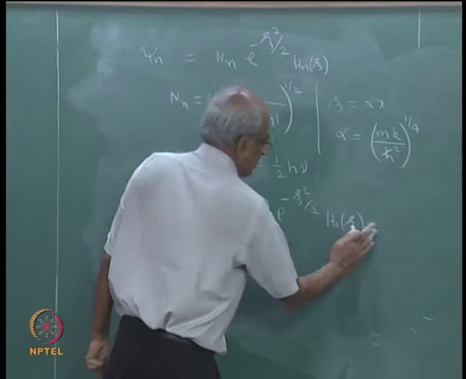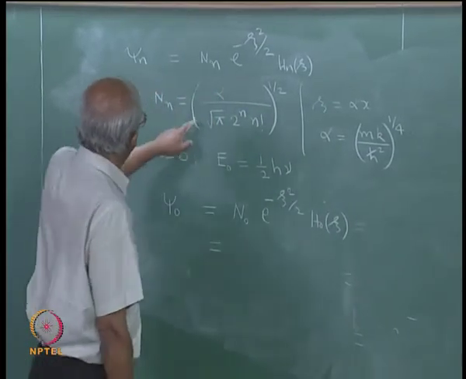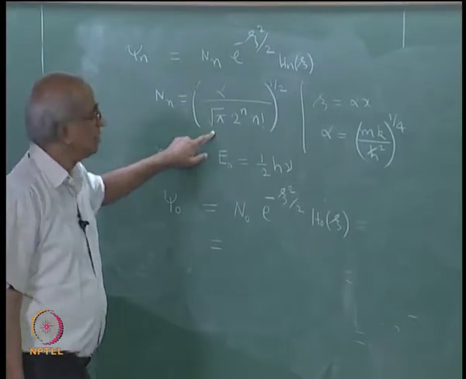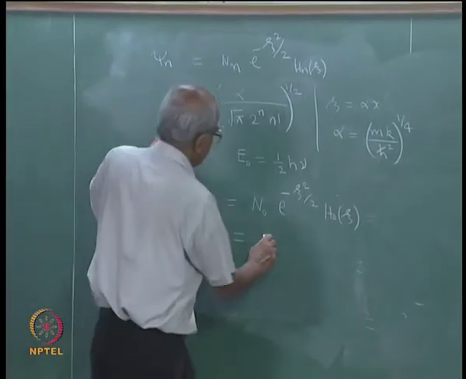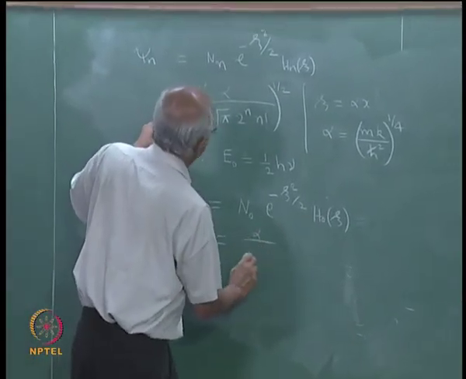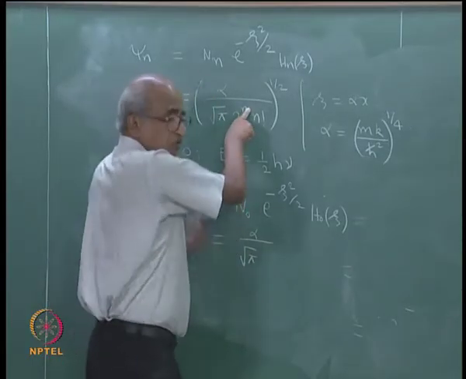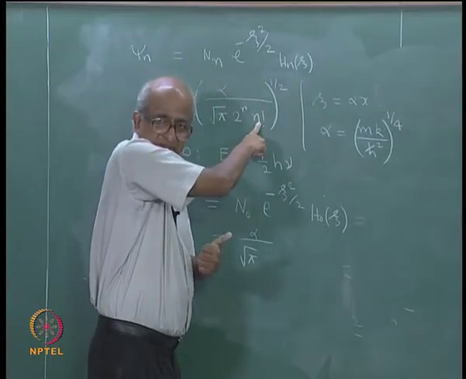And you can actually evaluate N0. Where is the expression for N0? Well, this is the expression that I have derived. So, you just have to put small n equal to 0, then what will happen? You will get alpha divided by root pi, 2 to the power of 0 is unity, 0 factorial also by definition is unity.